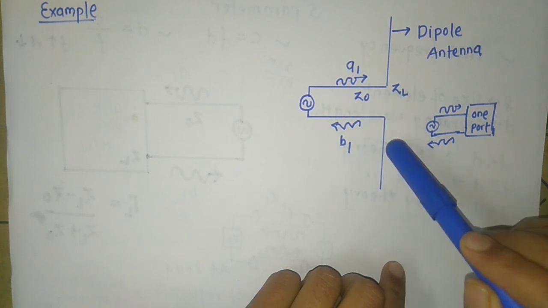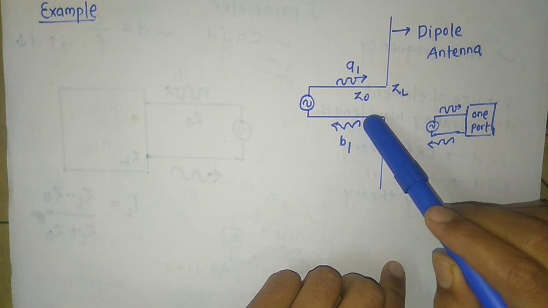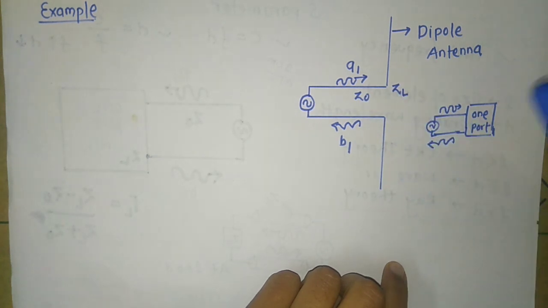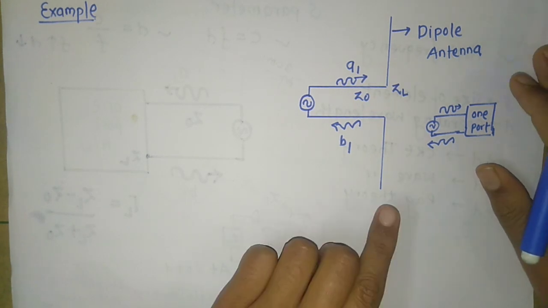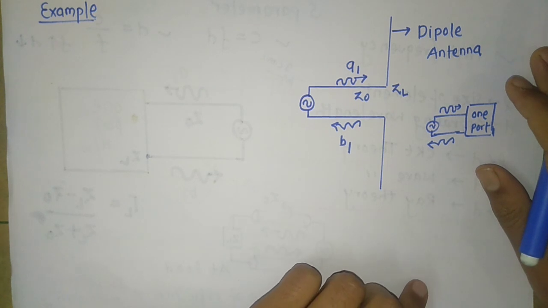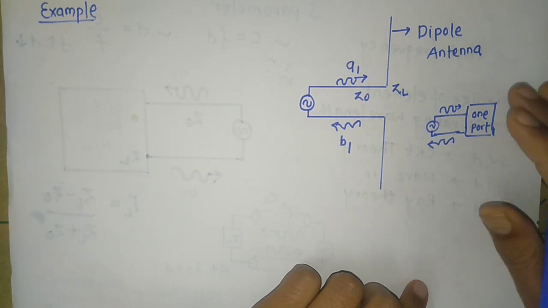And what is the root cause of the backward wave? Because the characteristic impedance of the line and ZL do not match. So in this lecture we have discussed only the single port. In the next lecture we will see the two port network and the incident wave and reflected wave in that case also.